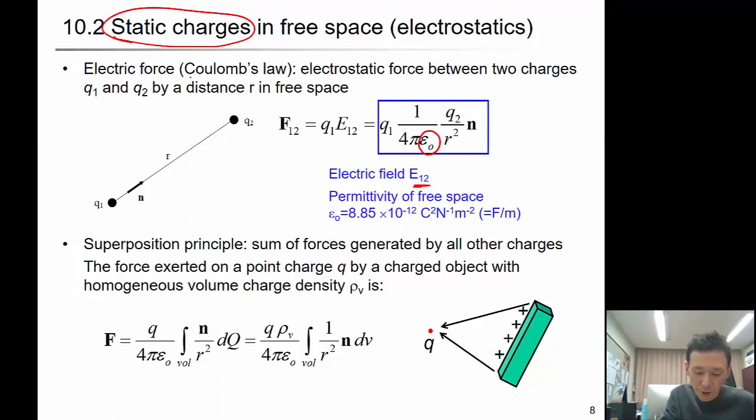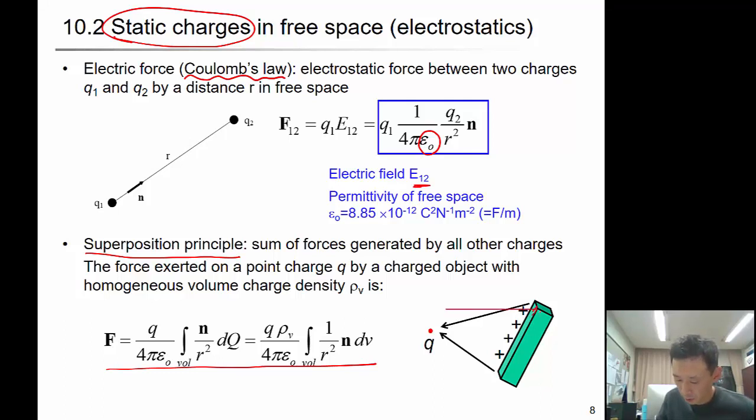Using Coulomb's law, this is the force between two point charges, and we can always apply the superposition rule, the sum of forces generated by all other charges. Then the force exerted on a point charge Q by a charged object with homogeneous volume charge density rho v can be expressed with a volumetric integral like this.